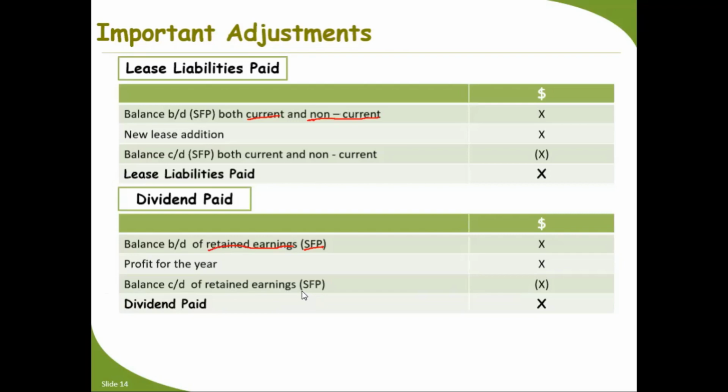It would also be in your SFP. But the most important thing is the opening balance would always be from the preceding year statement of financial position, and the closing balance would be from the current year statement of financial position. The balancing figure would be your dividend paid.